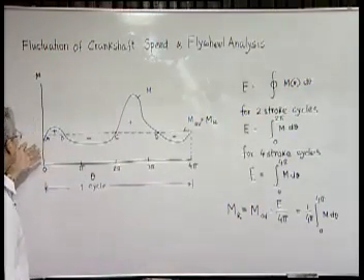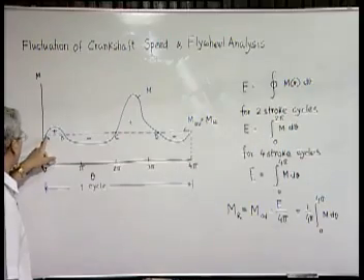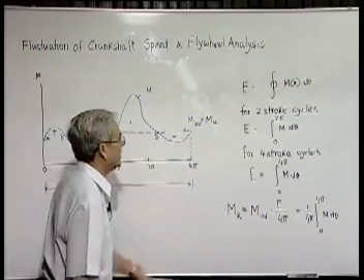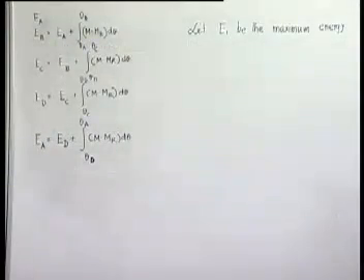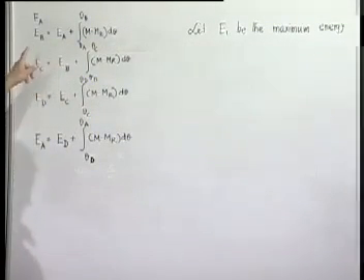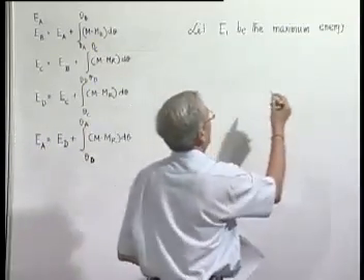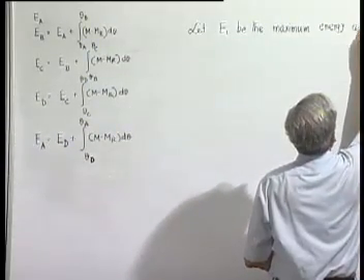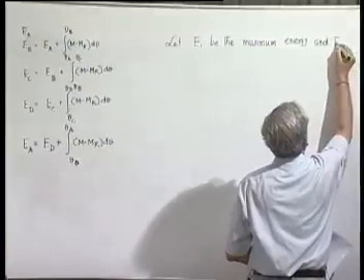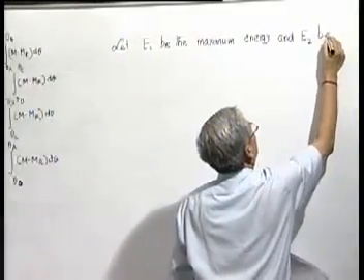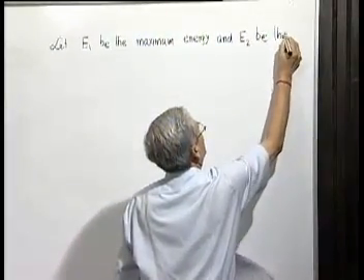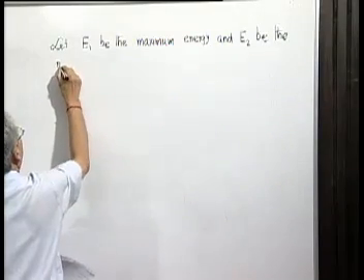Similarly, energy can be minimum also, either here or here, like that. So therefore, one of these must be the highest and one of these will be the lowest. It cannot be anywhere in between, and let E2 be the minimum.